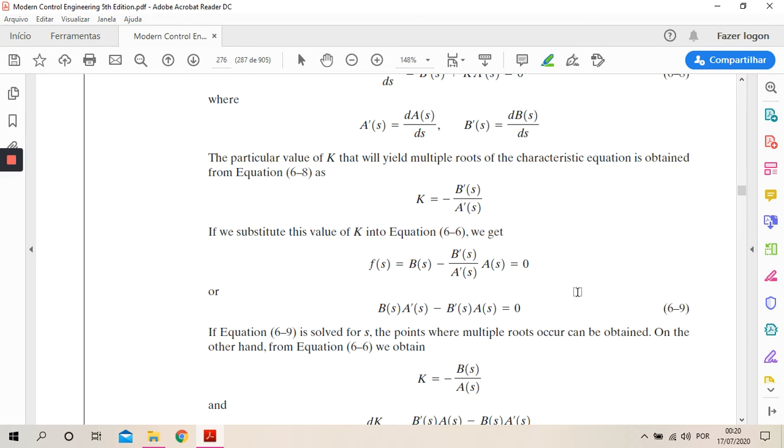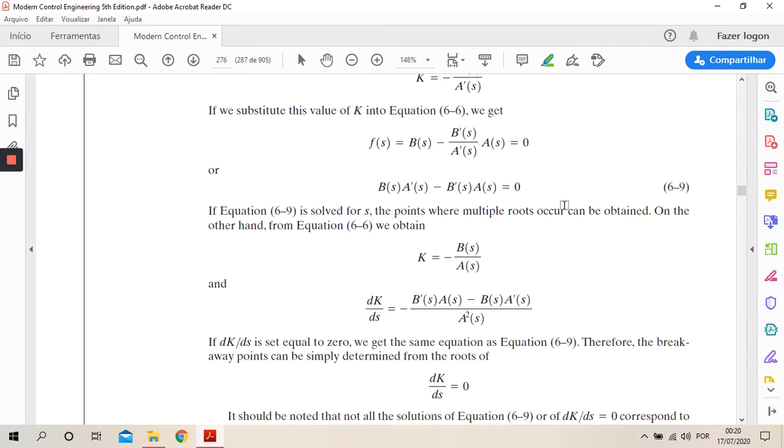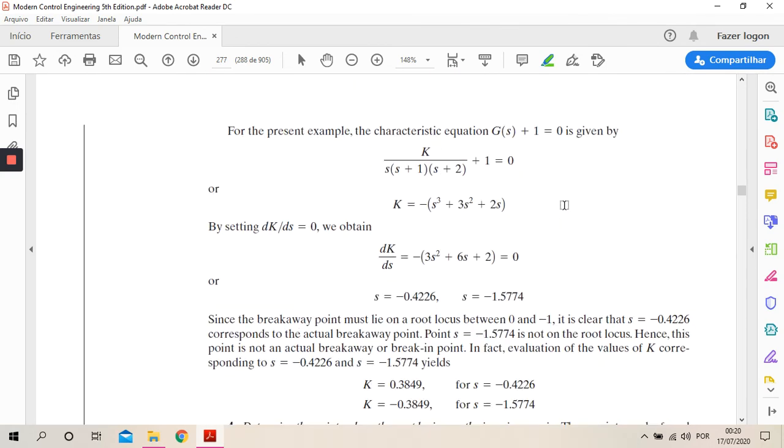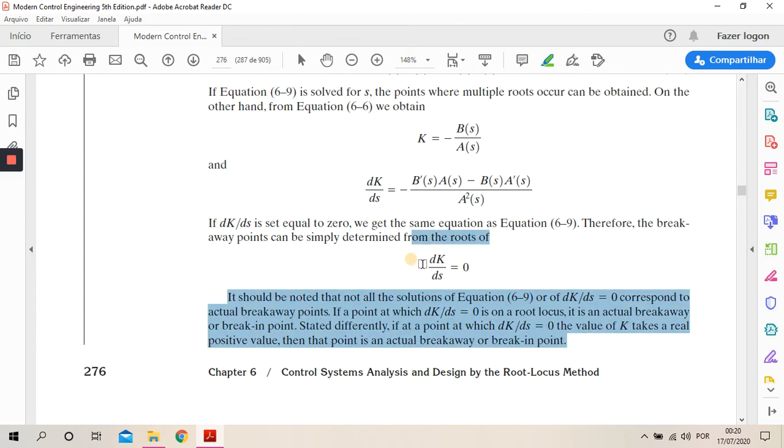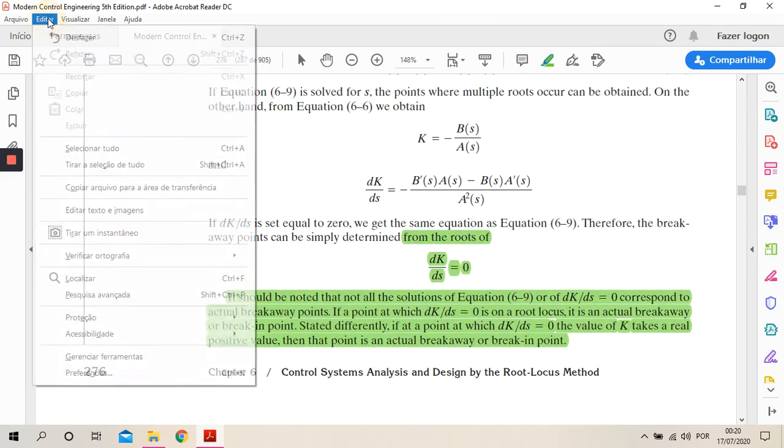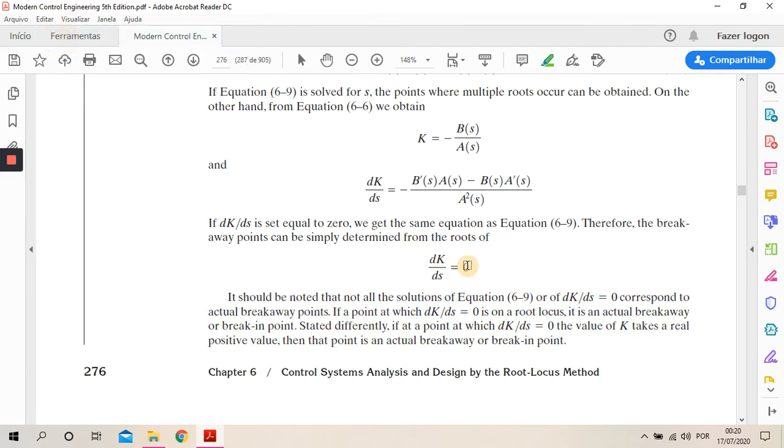Here, I'm going to skip these procedures and highlight the main result. The main result is this here: the derivative of the gain with respect to s has to be equal to 0.